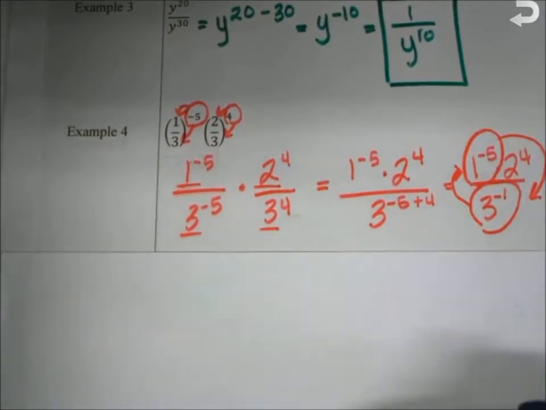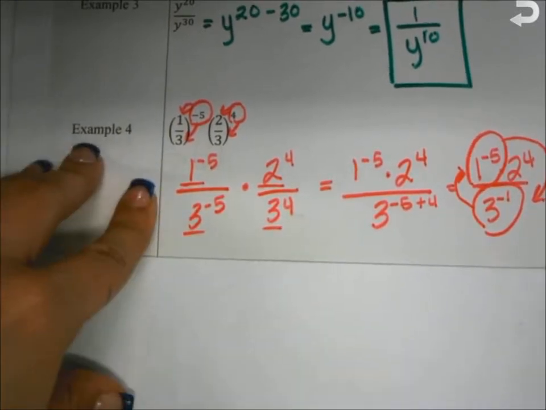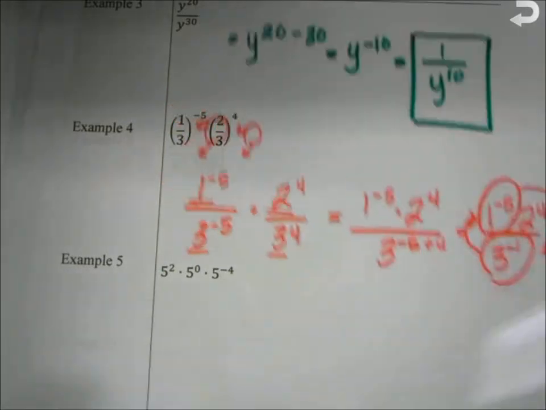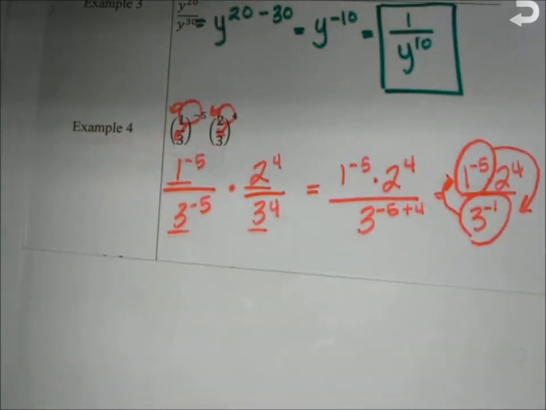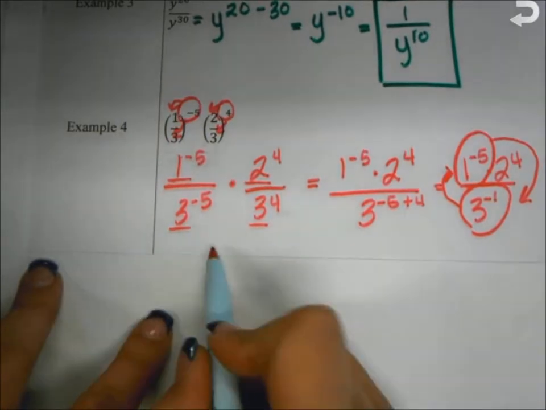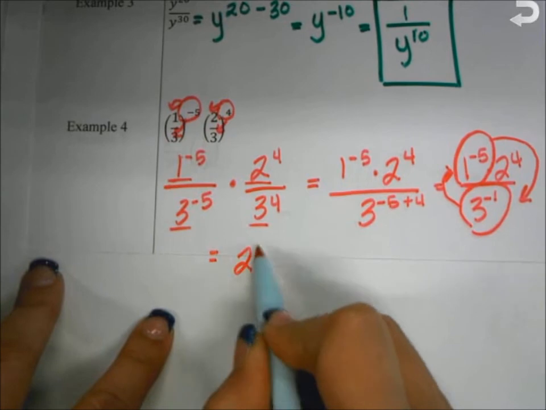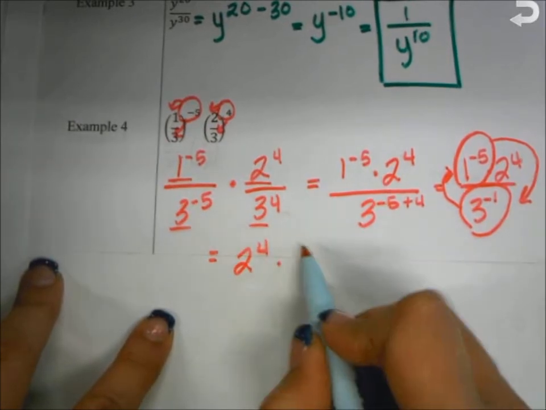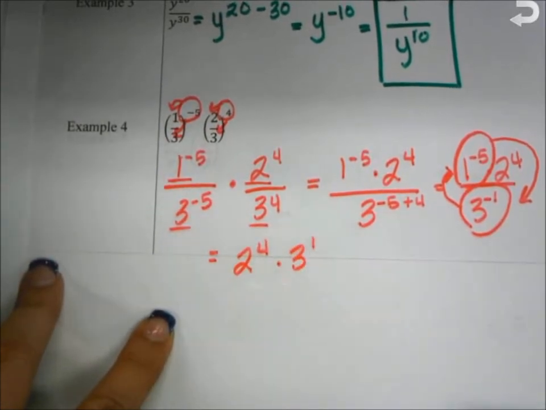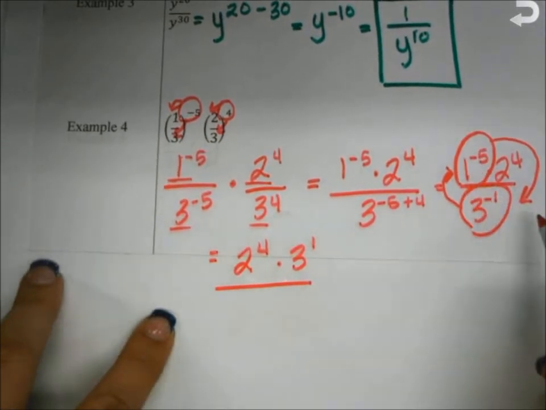So what I'm going to do is rewrite all of that, but this time moving those exponents. So on top, now I have 2 to the 4th times 3 to the positive 1, all over, and because I moved that 1 to the negative 5th down to the bottom, now it becomes 1 to the positive 5th.